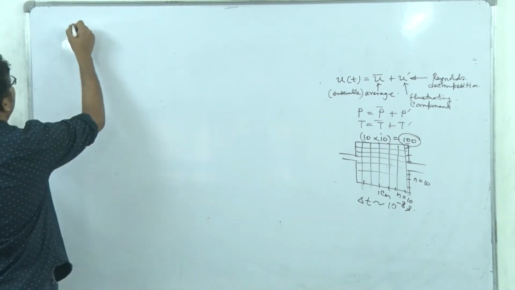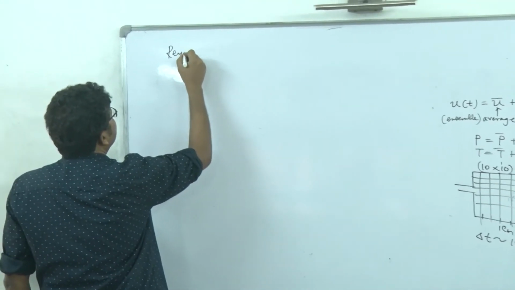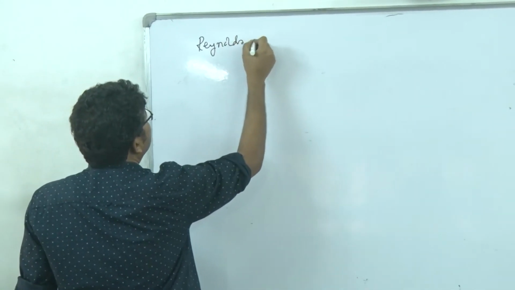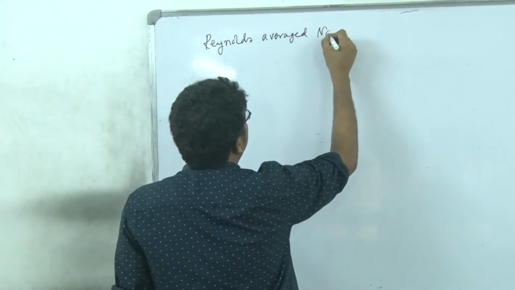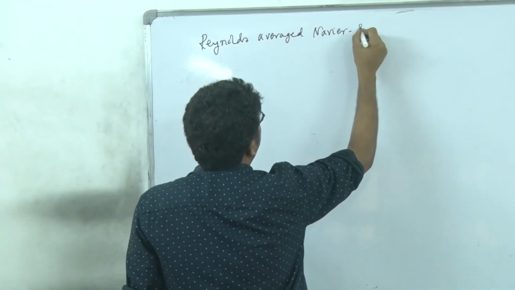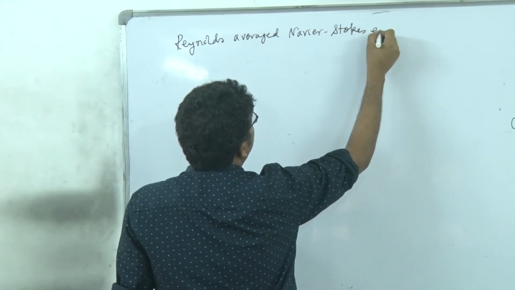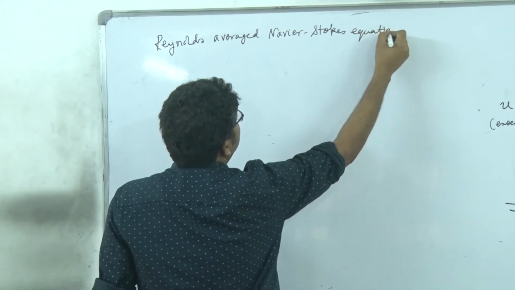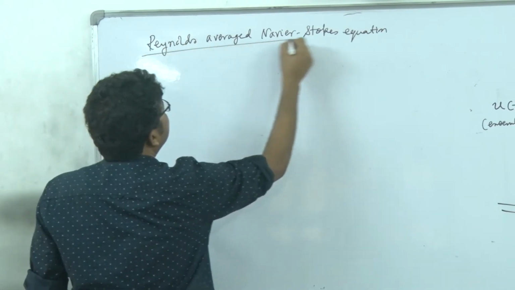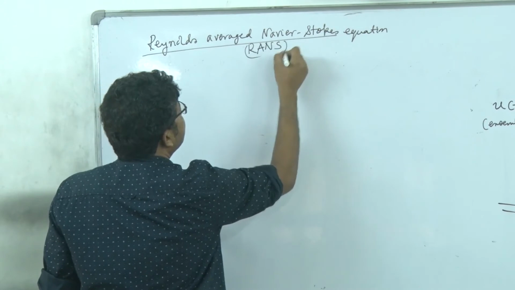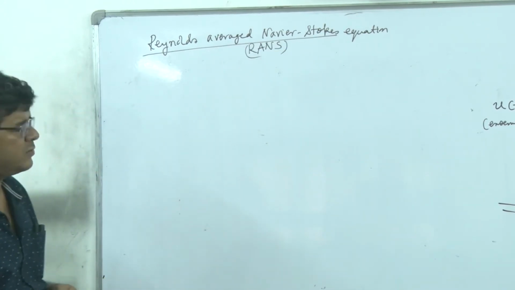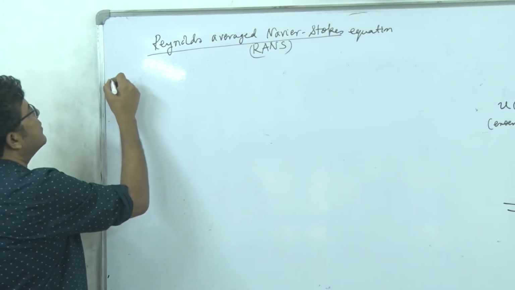So we are going to understand this Reynolds averaged Navier-Stokes equation. So this is RANS. Now what is the Navier-Stokes form?